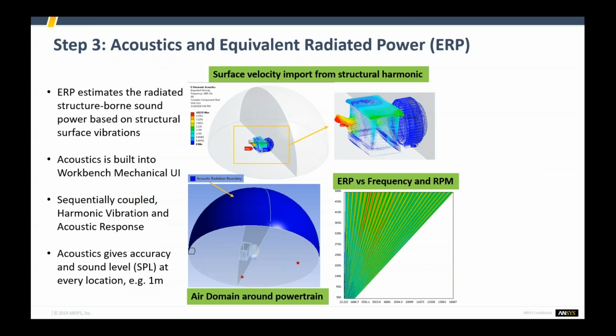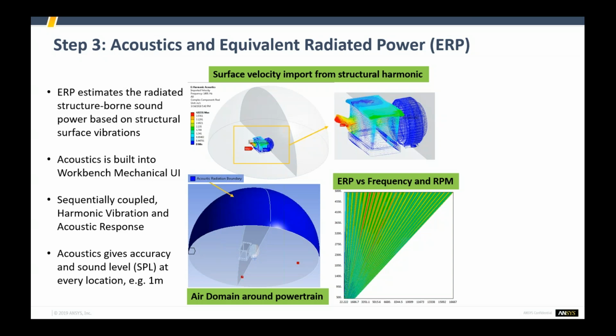As we said, after the second step, we go to the third step, which is acoustic and equivalent radiated power. That's what ERP stands for. The forced structural analysis procedure produces the surface vibration of the structure. Then these surface vibrations cause the pressure change and sound propagation in air.